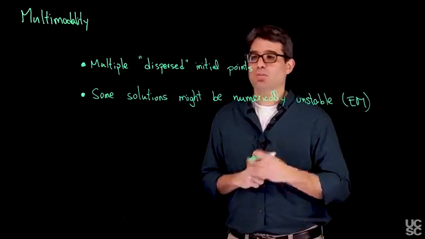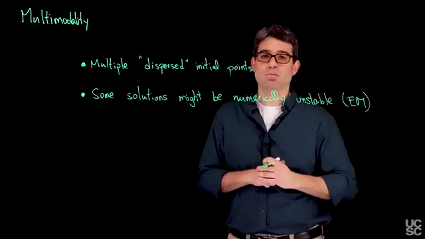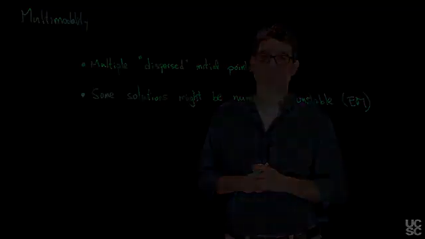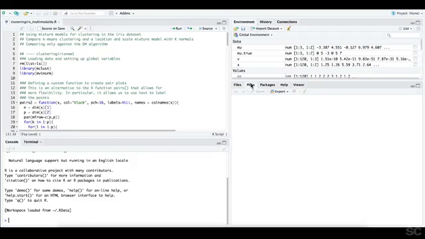So let's illustrate both of these points using, again, a computer example. To illustrate multimodality issues, let's go back to the IRIS dataset that we had considered previously in this course. If you remember, we ran our clustering algorithm, based on mixture models, 15 times using different initial points just to make sure that we avoided multimodality issues.